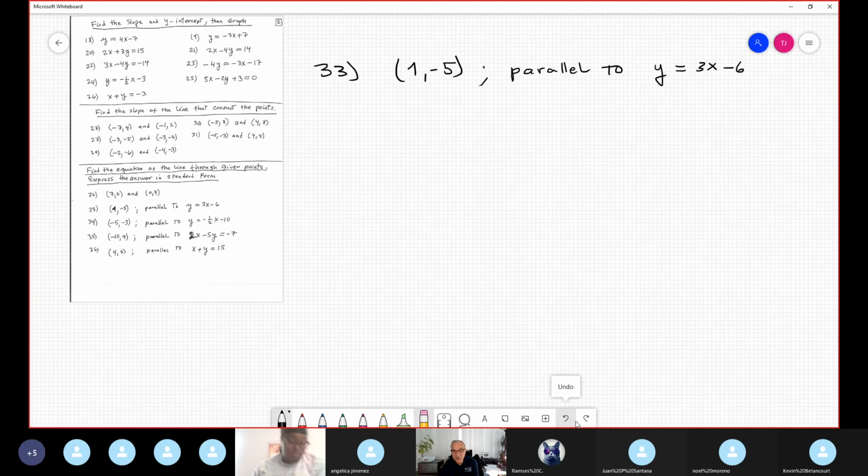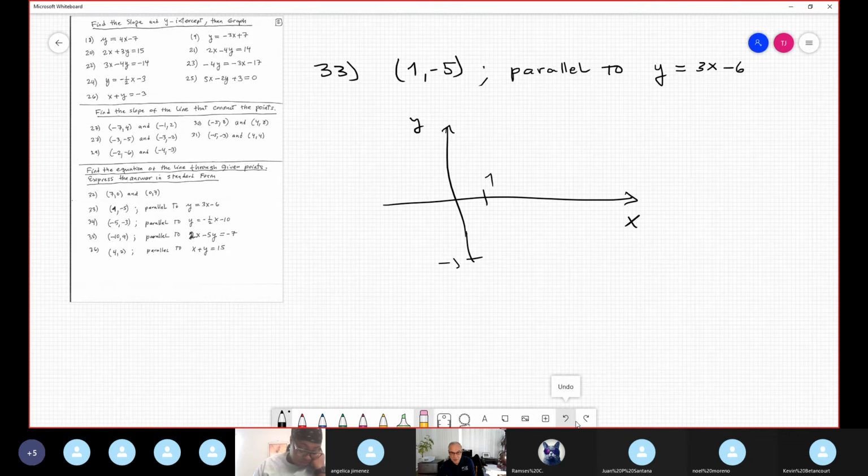I need to understand geometrically what is the idea. Suppose that we have a rectangular coordinate system here, x, y. I plot that point, 1, -5, suppose here. I plot that point. So I have one line, this line.